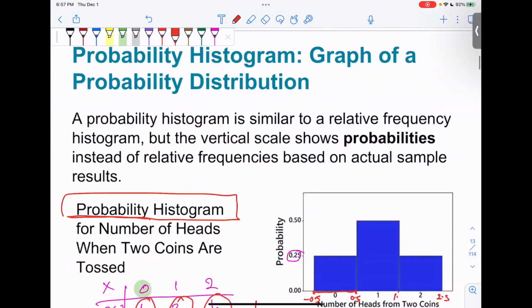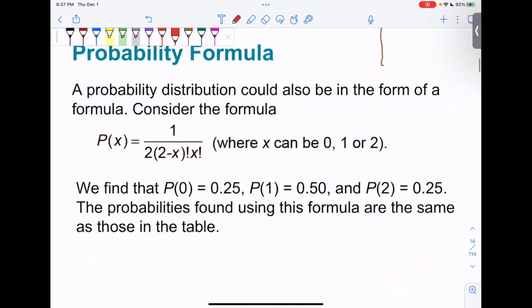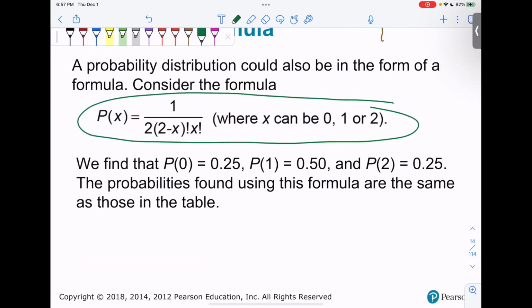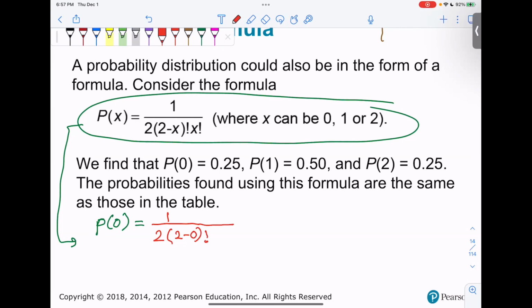Okay, so table, graph, and the last one, formula. If you look at this formula, let's plug 0 in this one. Probability of 0 equal to 1 divided by 2 minus 0 factorial times 0 factorial, right?